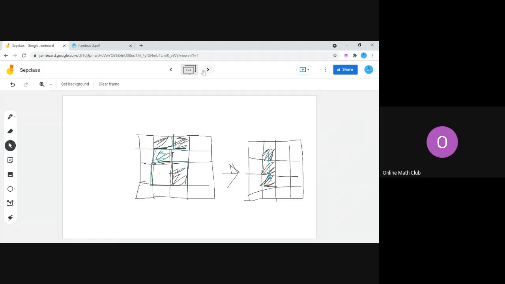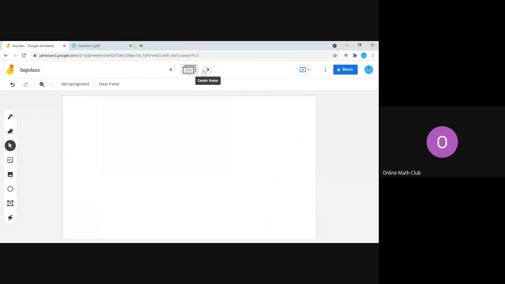Let me go to that. Say you have a bunch of squares in this region, and say you have a bunch of other squares in this region, like that. So, does the evolution of the squares in this box actually depend on the evolution of the squares outside the box?